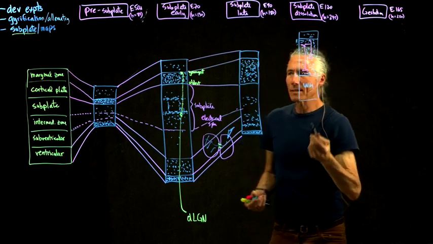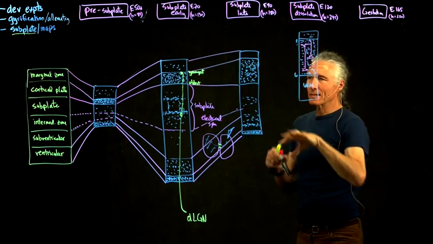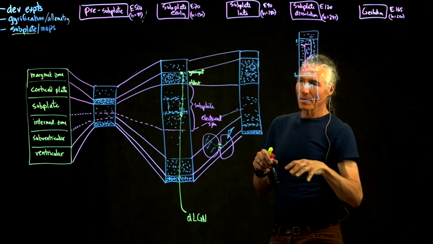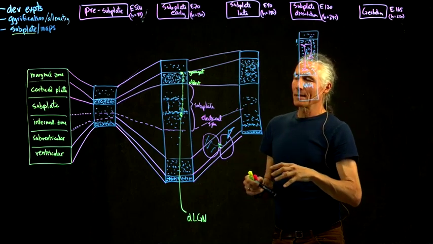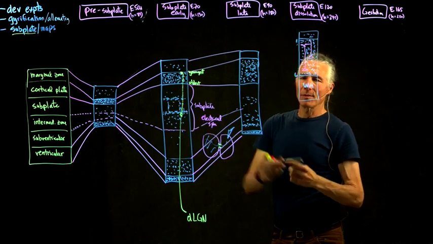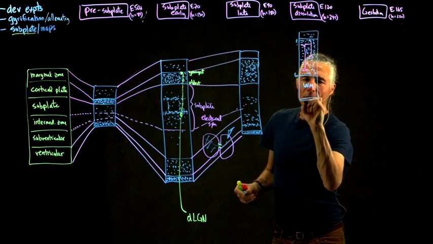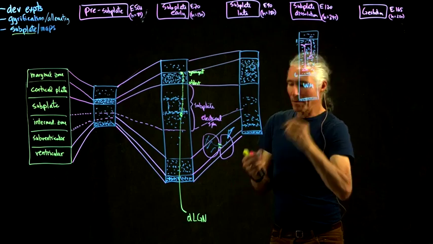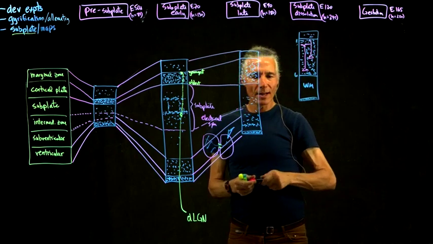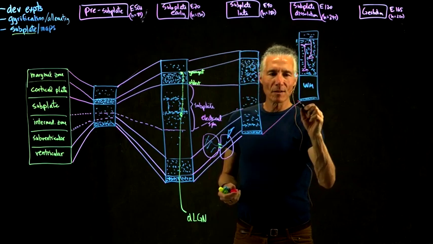So pretty much all the cells go away. So actually in the space that used to be white matter, that's where all these cells in the subplate were. And then you still have the ventricular zone here, and the subventricular zone kind of goes away. So the ventricular zone can still make cells.